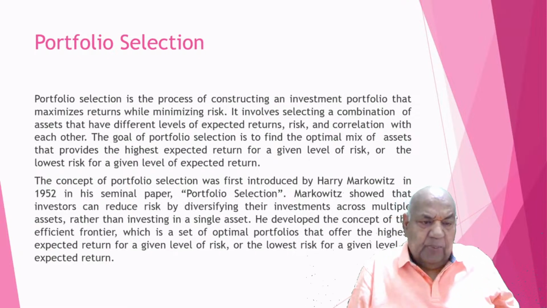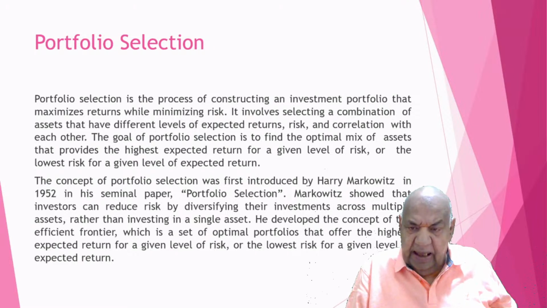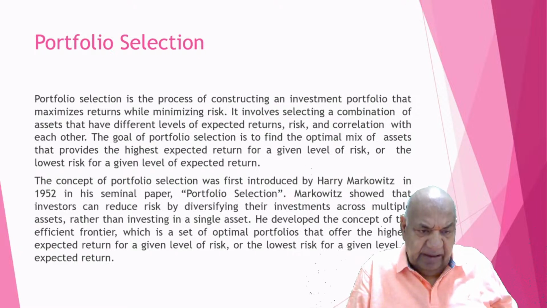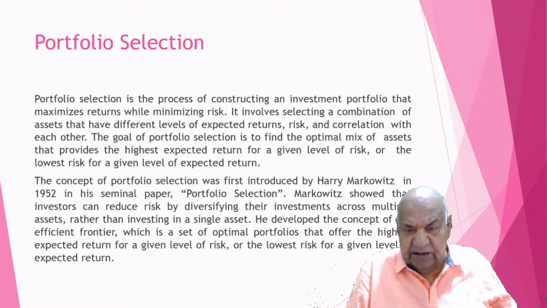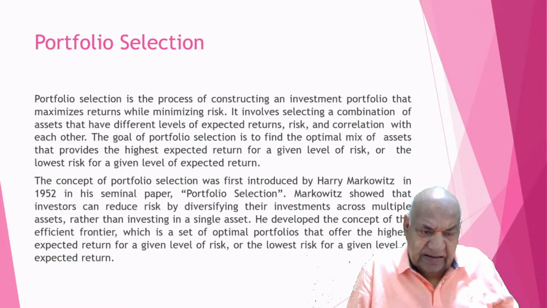The concept of portfolio selection was first introduced by Harry Markowitz in 1952 in his seminal paper Portfolio Selection. Markowitz showed that investors can reduce risk by diversifying their investment across multiple assets rather than investing in a single asset.